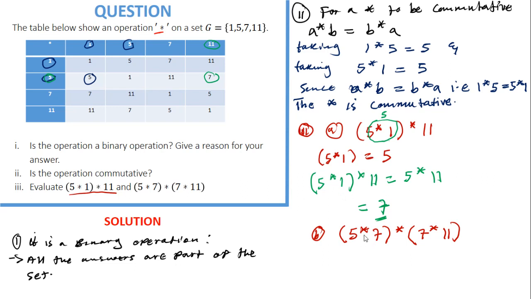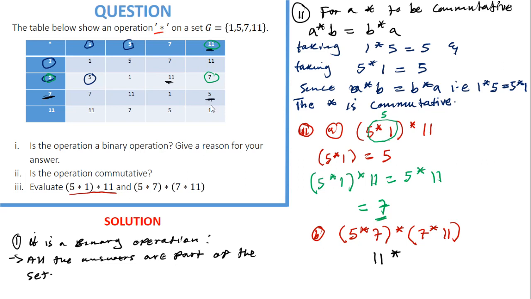So I'll go with 5 star 7. What is 5 star 7? I'll say 5 there and 7 there. So 5 star 7 is 11. So I'll put my 11 down there, and then I'll say star, and then I do 7 star 11. So I'll go for 7 there and 11 there.